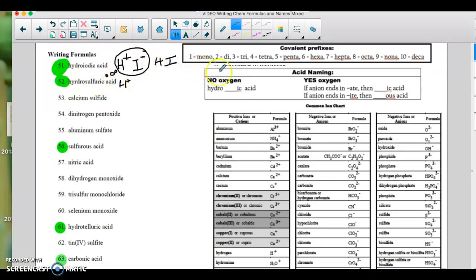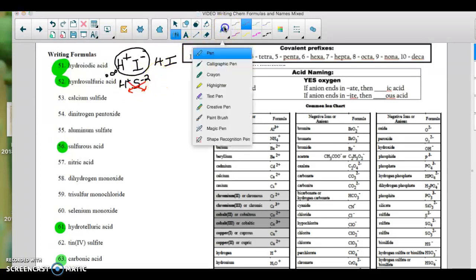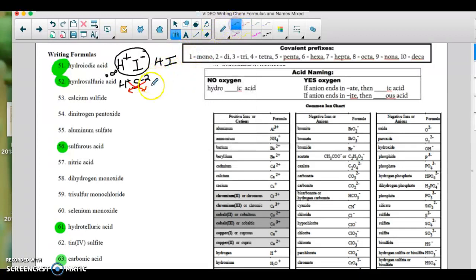And then it doesn't have oxygen, so it's just sulfur that I'm looking for. The sulfide ion is -2. So now I'm going to want to balance charge, make sure that it adds up to 0, and I'm going to bring that 2 down. So it's going to be H2S.